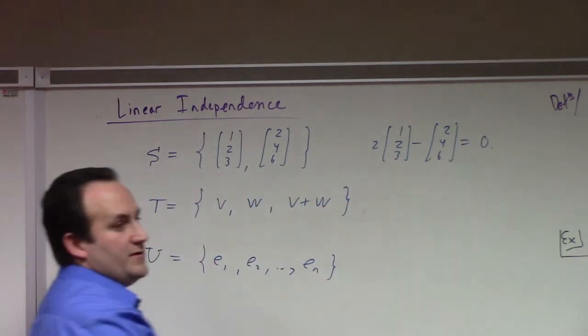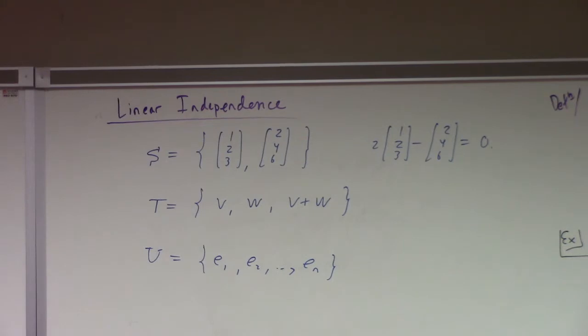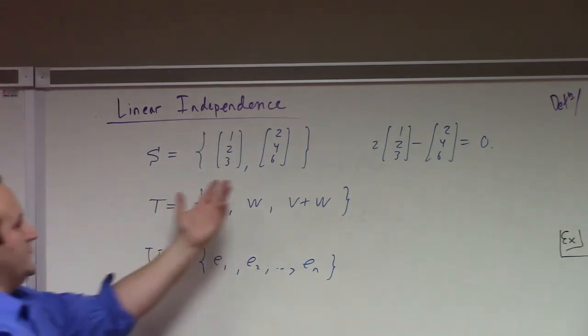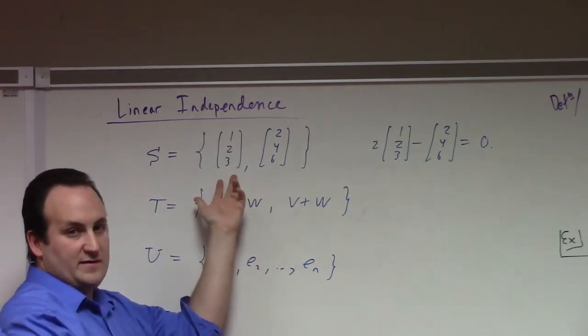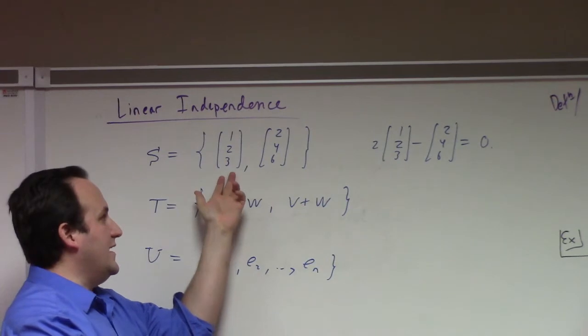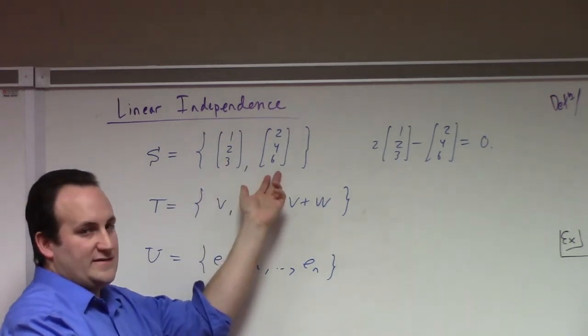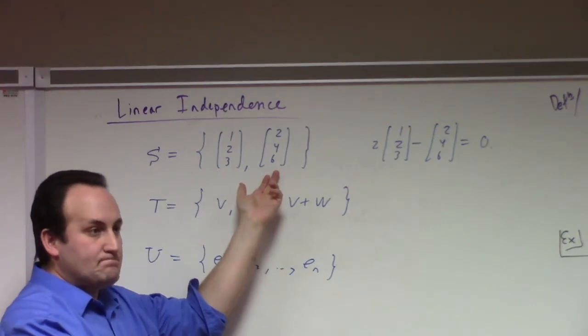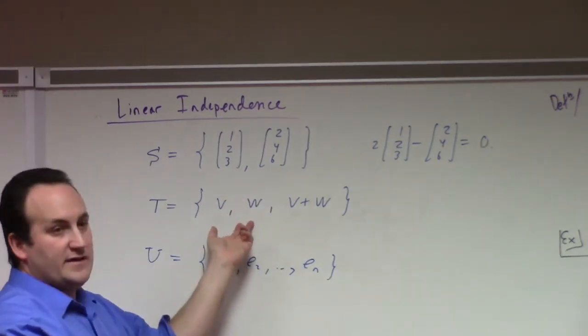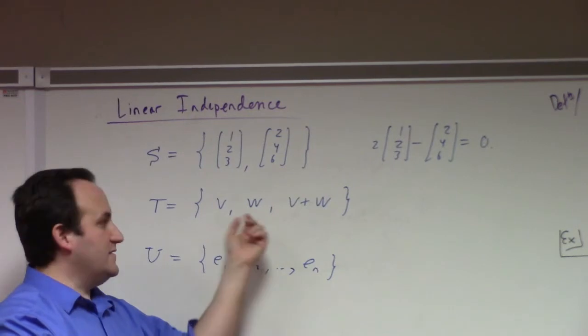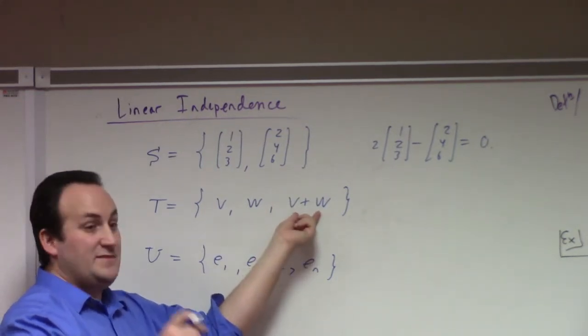So there's a non-trivial linear dependence between the vectors. Now, pragmatically speaking, the second one is a scalar multiple of the first, right? There is something you can take away. Anytime you have one vector being a scalar multiple of another in that set, it's not going to be a linearly independent set.